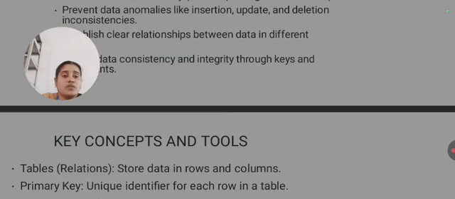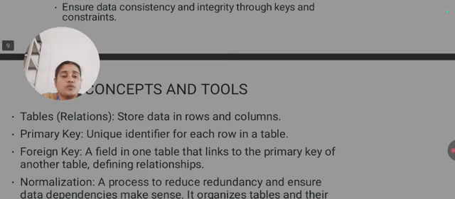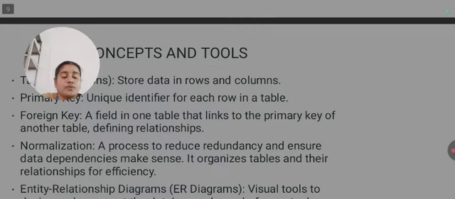Next one is key components, key concepts and tools. Tables means store data in rows and columns. Next one is primary key. Primary key means unique identifier for each row in a table. Next one is foreign key. Foreign key is a field in one table that links to the primary key of another table, defining relationships.